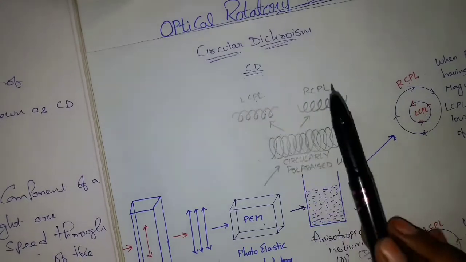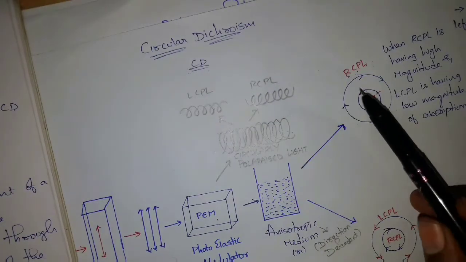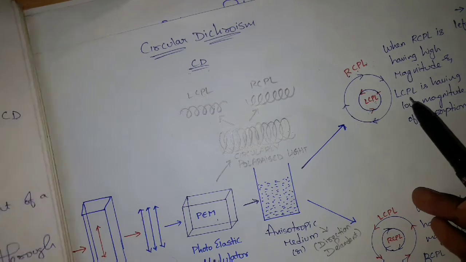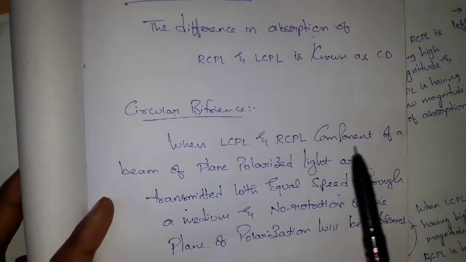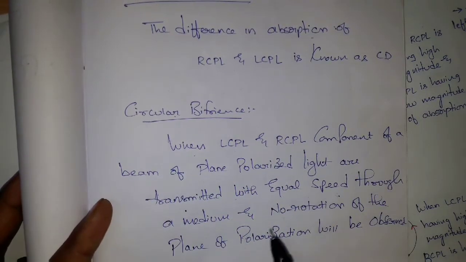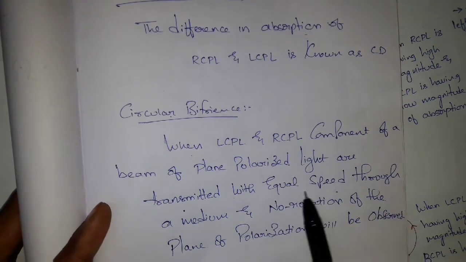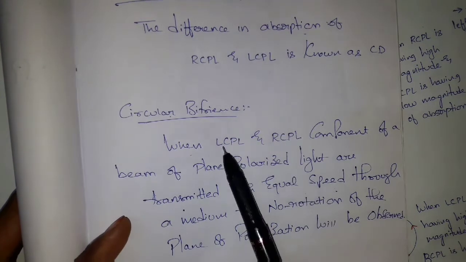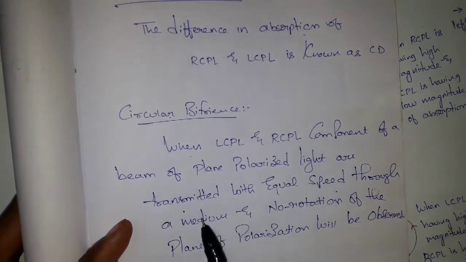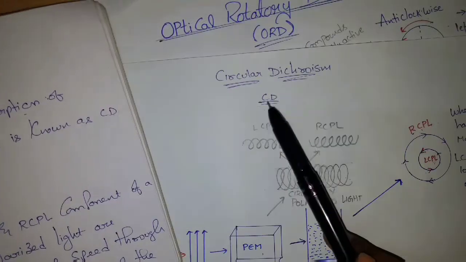In circular dichroism, we have some difference between RCPL and LCPL, but in circular birefringence, there is no difference between RCPL and LCPL. They travel with equal speed. That type of process is known as circular birefringence, and the difference is told in circular dichroism.